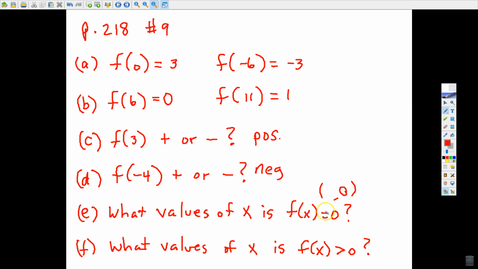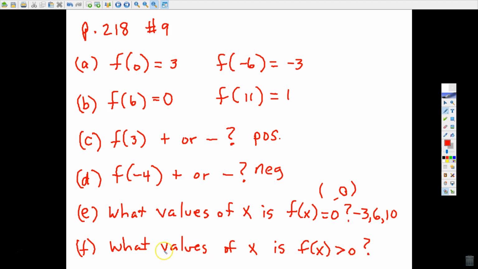Hopefully you can see these are all x-intercepts. You can see the point (-3, 0), so one of my answers would be -3. You can see the point (6, 0), so the second answer here would be 6, and then the point (10, 0). So my final answer here, there are 3 values of x where f of x is equal to 0: -3, 6, and 10.